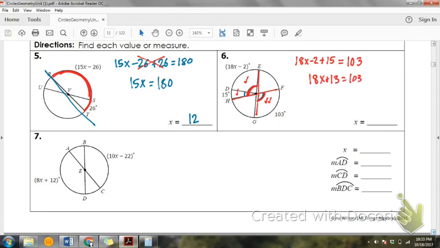Okay, let's go ahead and solve this out. I'm getting x to be 5.